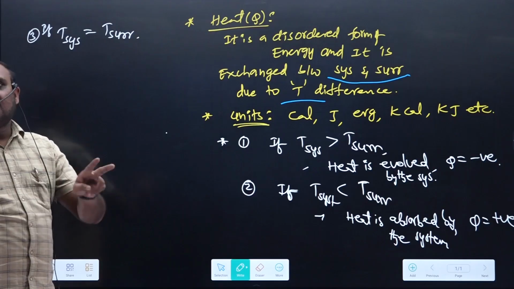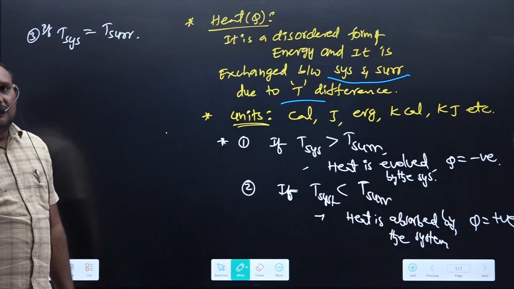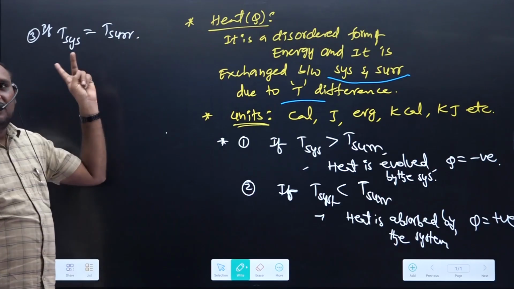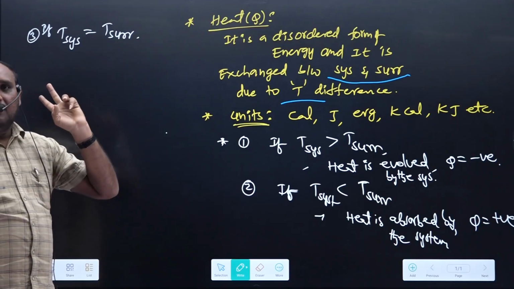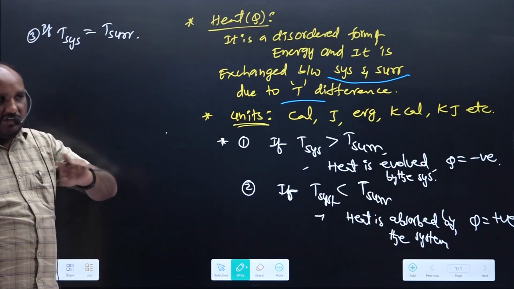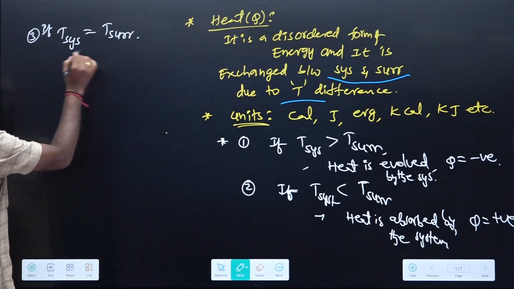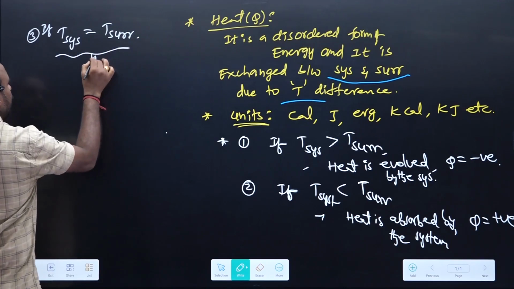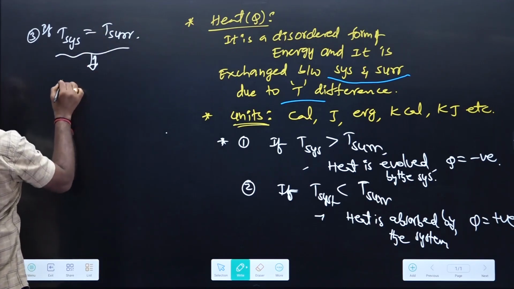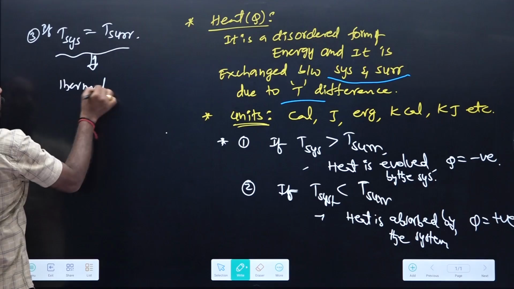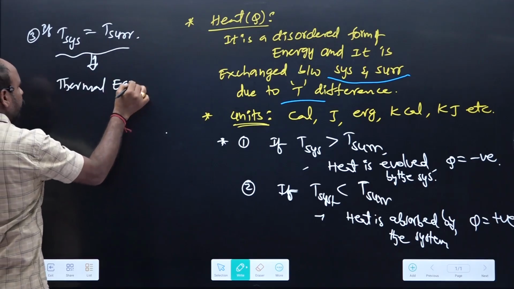Temperature is constant, right? So therefore that reaction is said to be in equilibrium. Whenever both the system temperature and the surroundings temperature are the same, the system is said to be in equilibrium with respect to temperature, therefore that is called thermal equilibrium.